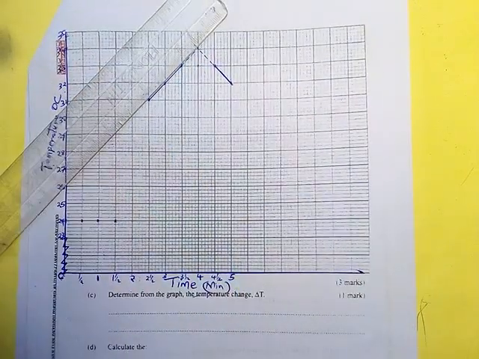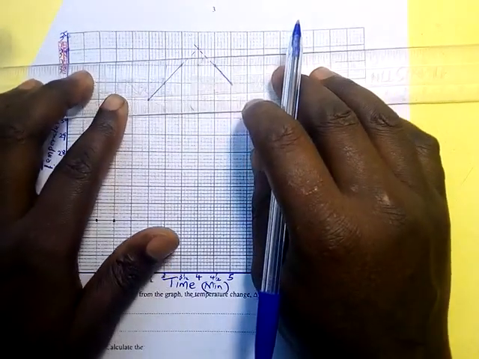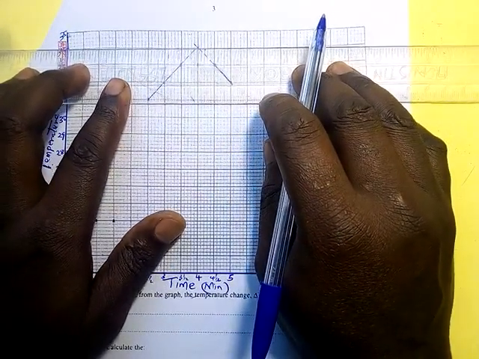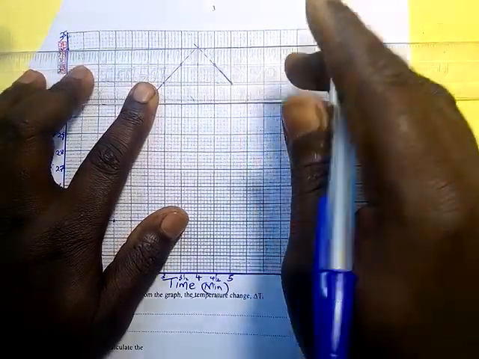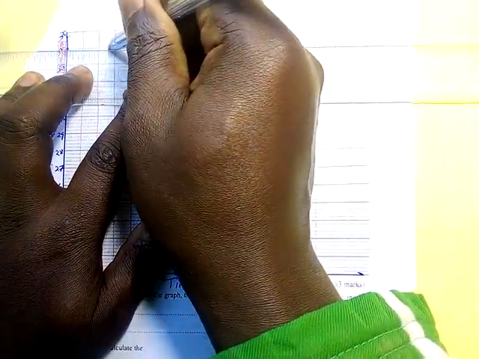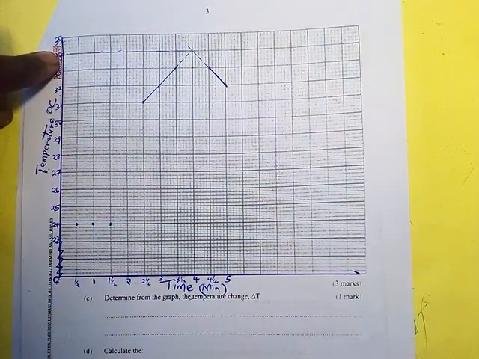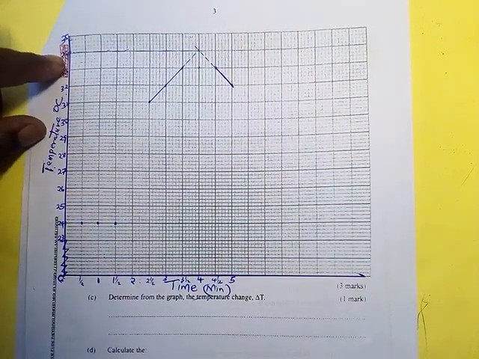Very good. Now we want to read our maximum. For us to read the maximum temperature, we use a dotted line towards the y-axis. So this is at this point. So our maximum is 34 degrees Celsius.